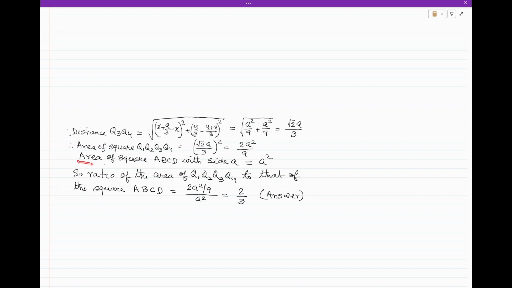Similarly, the area of the square ABCD with side a is equal to a squared. Therefore, the ratio of the areas of Q1Q2Q3Q4 to that of the square ABCD is 2a squared by 9 divided by a squared, which is 2 by 9. So 2 by 9 is the answer.